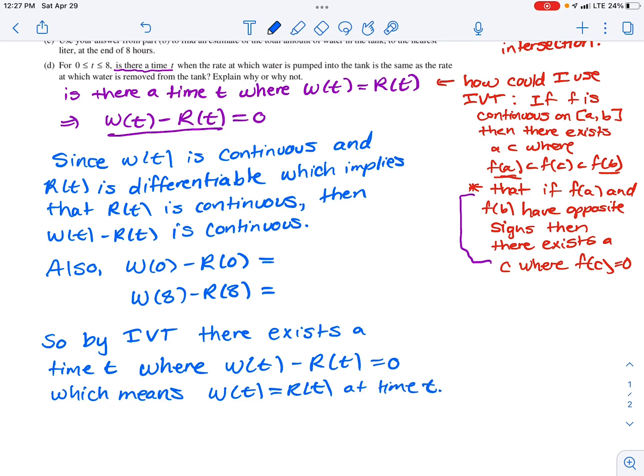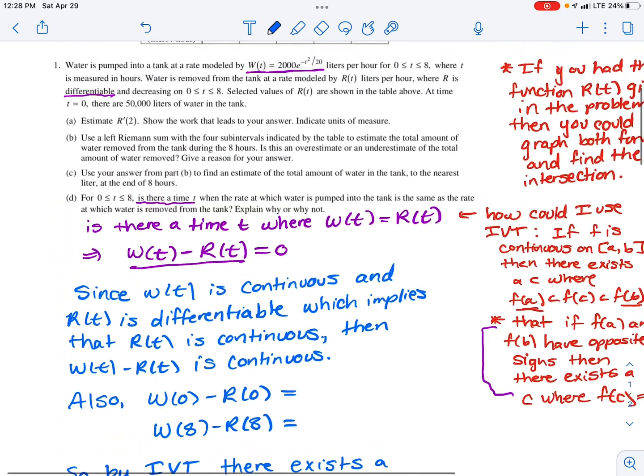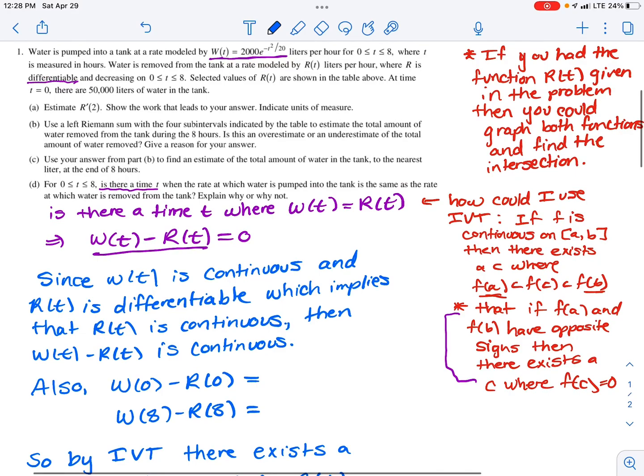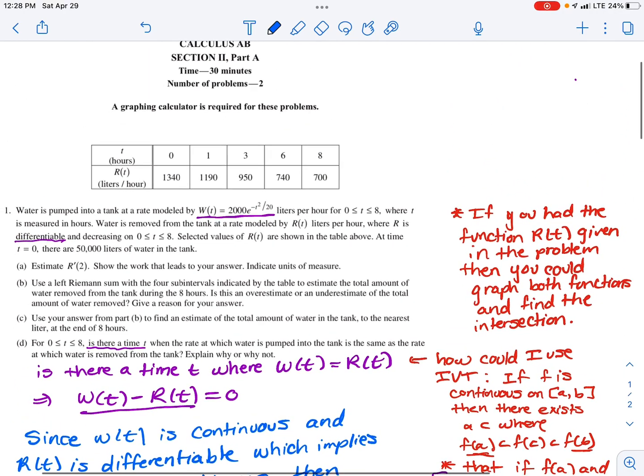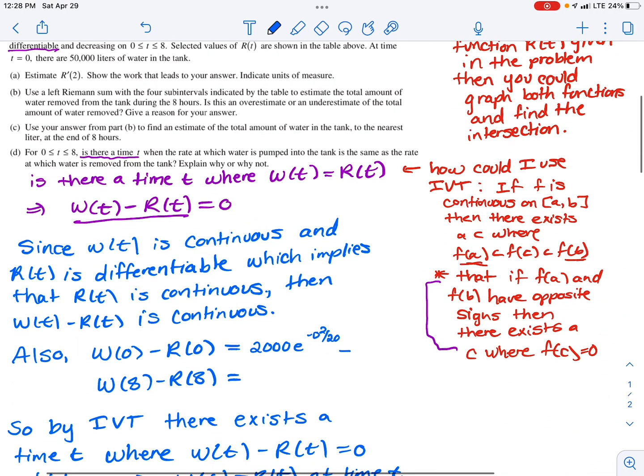Okay, so I'd have to actually just check what w of 0 and r of 0 are. So of course I'm going to plug in 0 into that, so I get 2000 e to the negative 0 squared over 20 minus r of 0, which is 1340. So this should be positive. This should be bigger than 0.